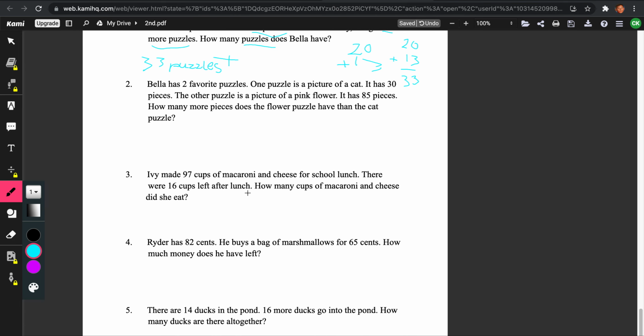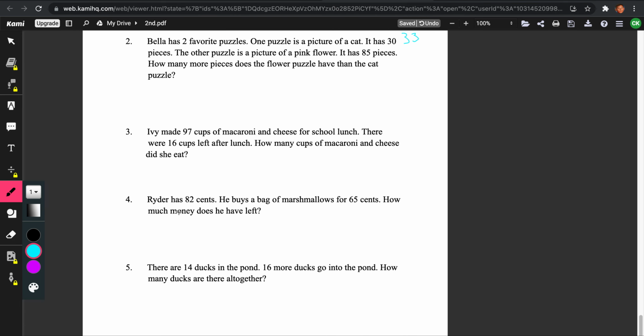Okay, let's take a look at number 4. Ryder has 82 cents. He buys a bag of marshmallows for 65 cents. How much money does he have left? So we need to figure out how much he does have. But he bought marshmallows for 65 cents, meaning that we would have to subtract. So we would do 82 minus 65.